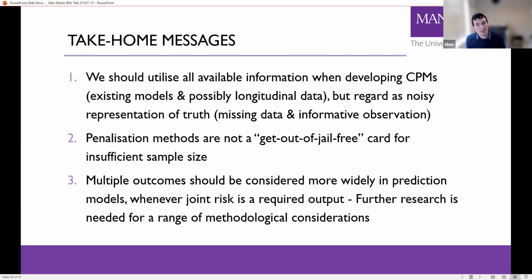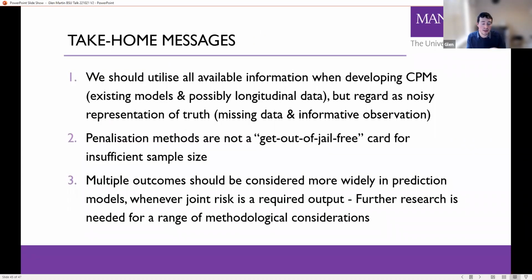Just to conclude then, it's a range of different topics and a high-level overview of each, but what I hope to articulate in the talk is, well, three things. Firstly, in my view, we should utilize all available information when developing the CPMs.